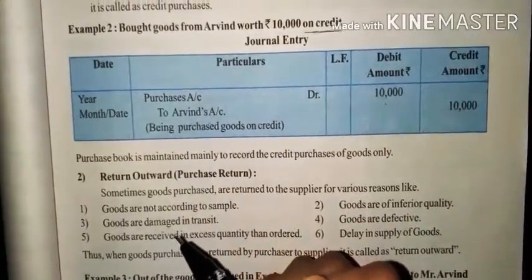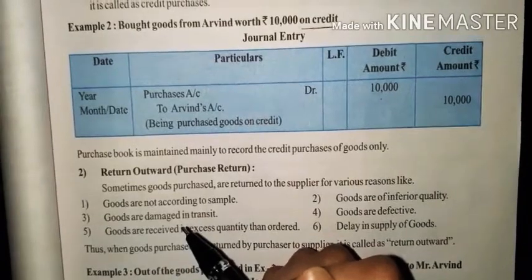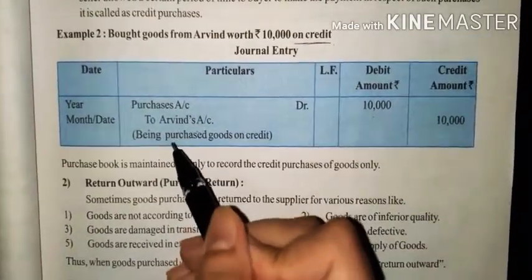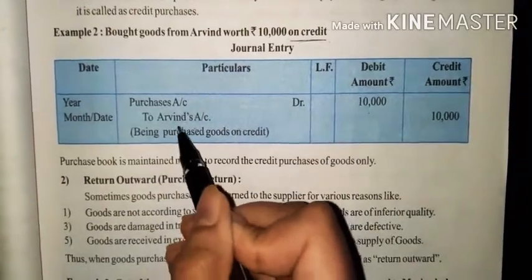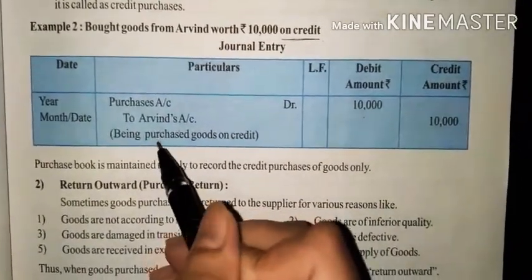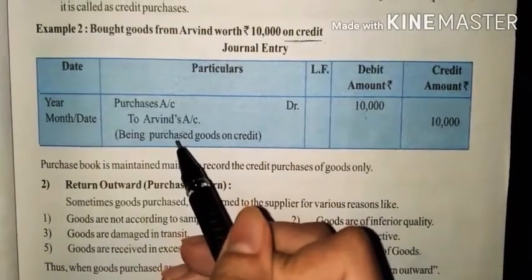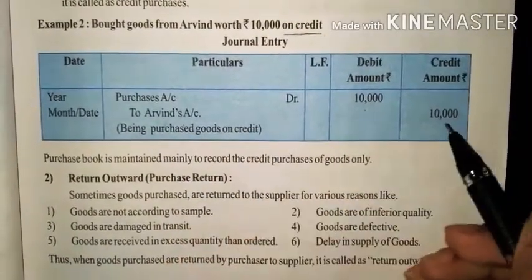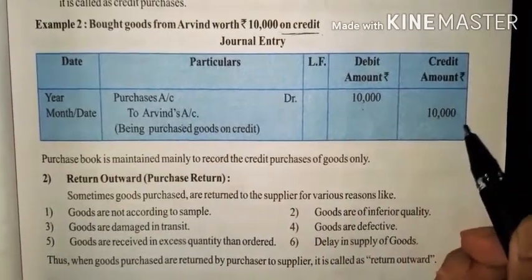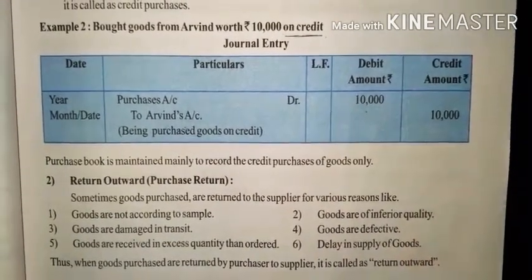What is the rule for a personal account? Debit the receiver and credit the giver. Arvind has given goods to us, that is, he is the seller and we are the buyer of the goods. So the effect will be credit because credit the giver. The amount you have to write down in the credit column.